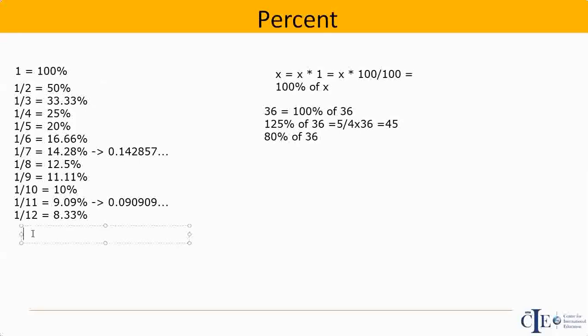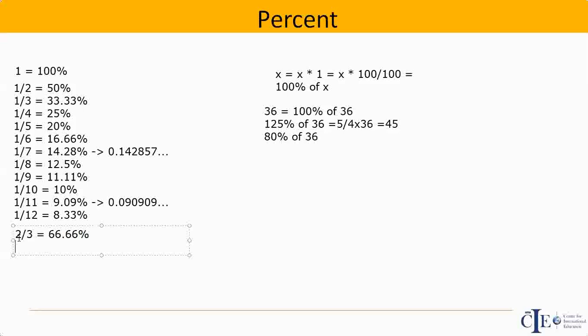Then what would be the value of the other fraction, which is 2 times that, 2 by 3? It would be equal to double of that, right? Which is 66.66%. 1 by 4 is 25%. Then 2 by 4 would be half, 50%. 3 by 4 would be 75%. So I can remember that.